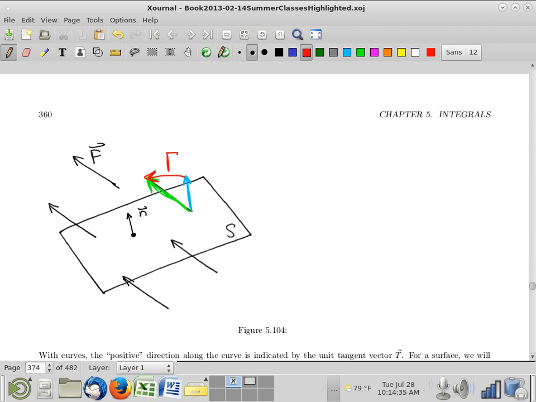So this is what I'm going to call F parallel, and this is what I'm going to call F perpendicular.